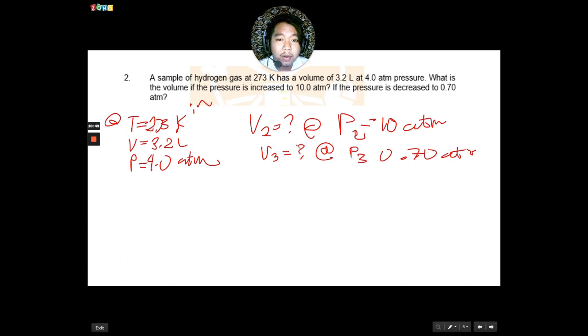So these are constant, and we are also given P and V. So this is again Boyle's law. We use the same equation, PV equals nRT. Isolate PV, since we already know that would be P1 V1 equals P2 V2. Let's solve first if the P2 is at 10 atm.